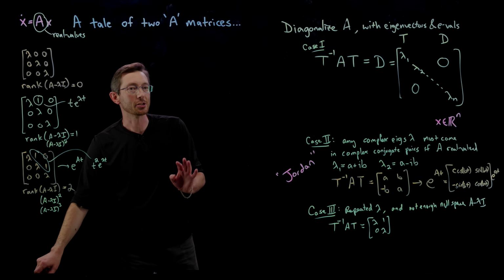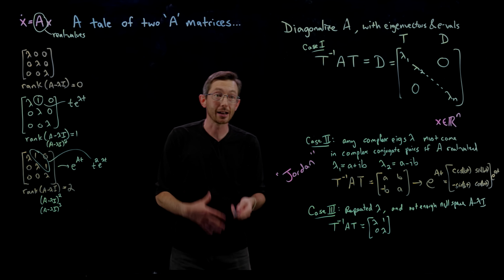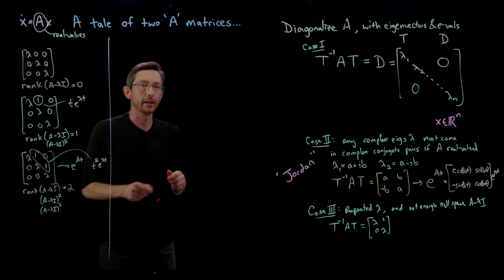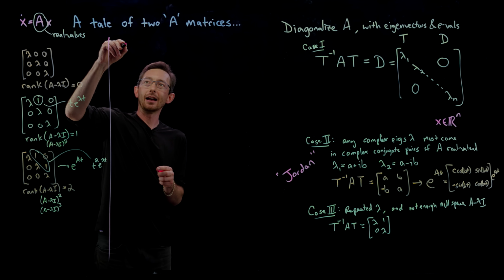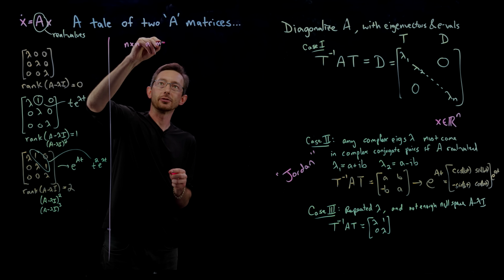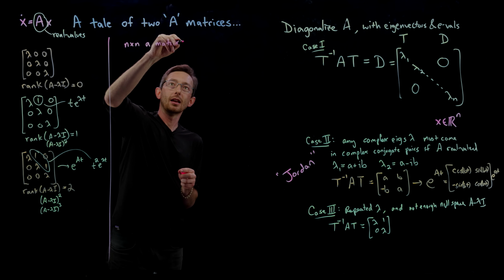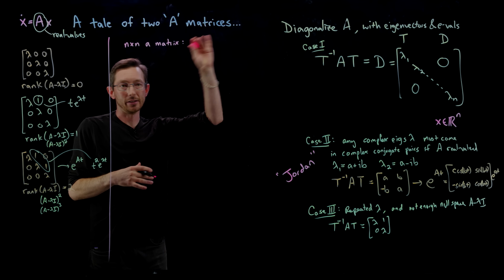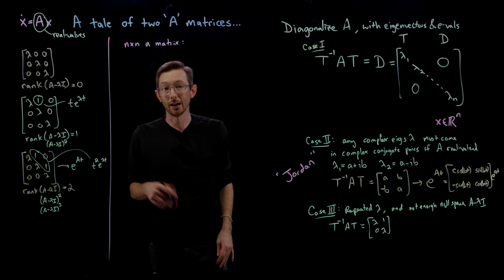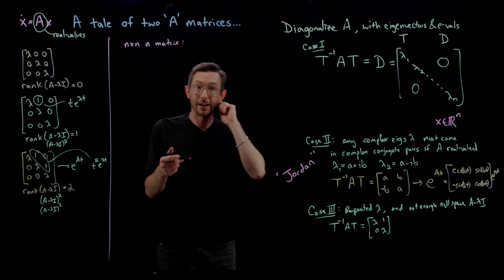Okay, last thing I'm just going to show you. Now, if I have a generic n by n A matrix, okay, so now I'm just going to draw a little line here. So now let's say I have an n by n A matrix. And let's say I have the following eigenvalues. I'm just going to write down some eigenvalues, and then I'm going to draw you my Jordan form for that set of eigenvalues.